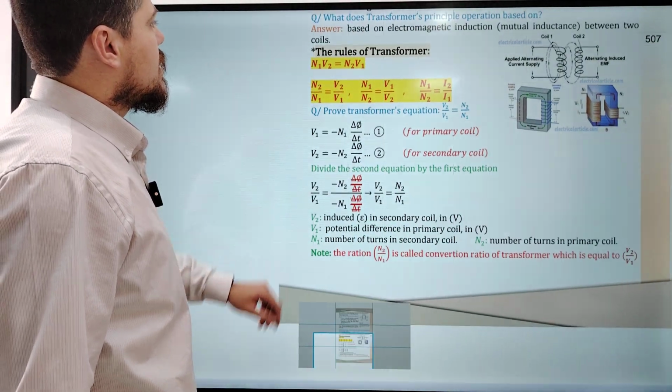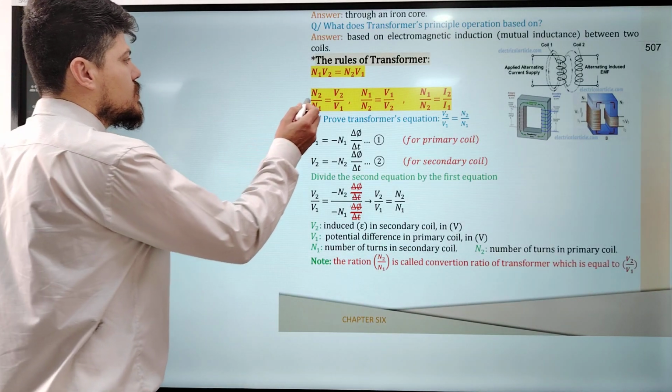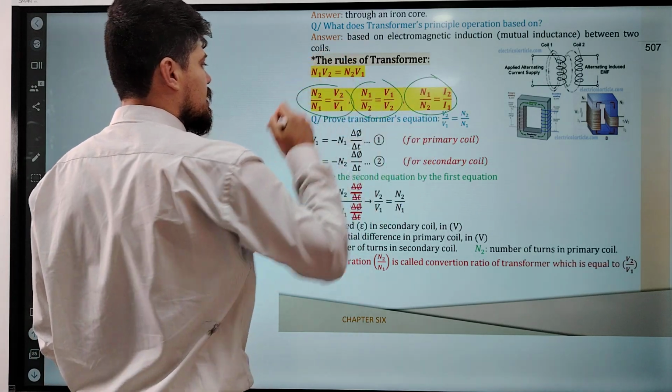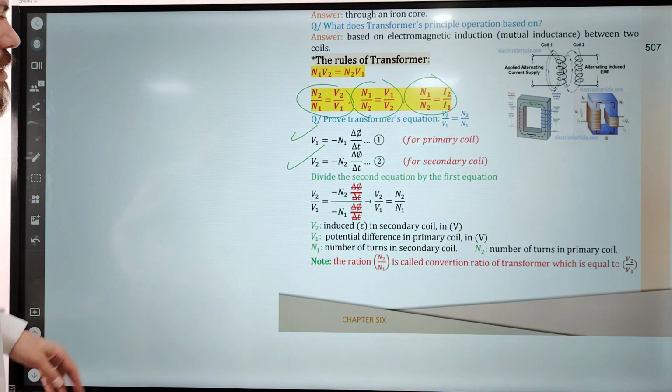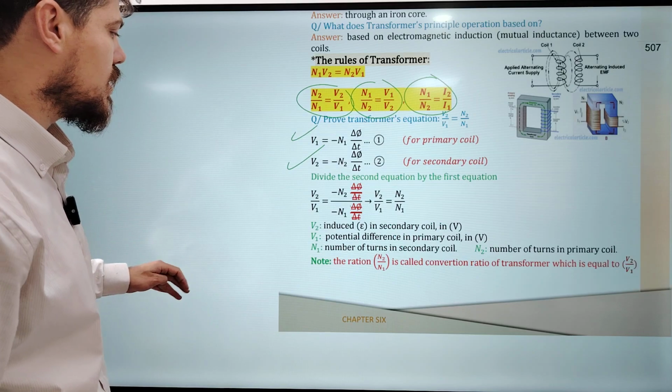So the rule of the transformer is N1 V2 is equal to N2 V1. So I proved this equation. Also, you can write it like that and like that. V2 is the induced EMF in the secondary coil. V1 is the potential difference in the primary coil.